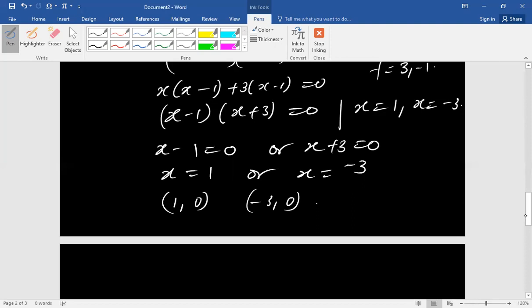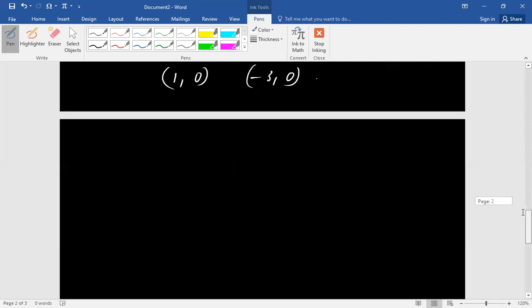So let's try to organize all the points. Organizing all the points, the y-intercept is 0, -3.